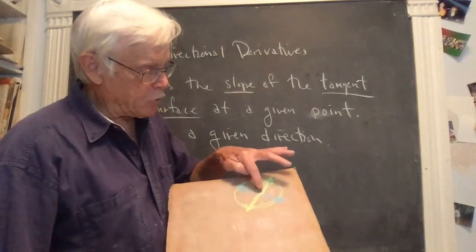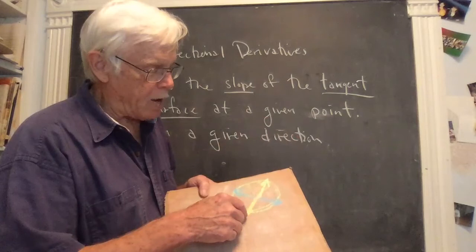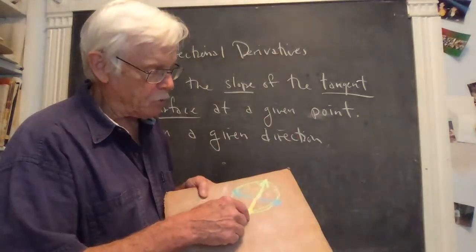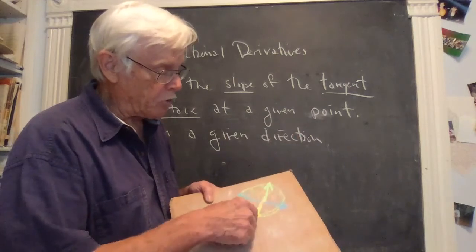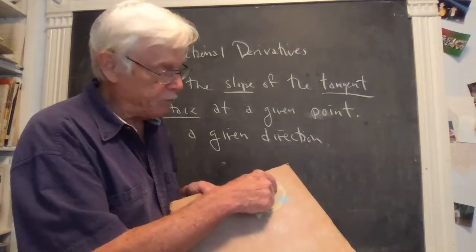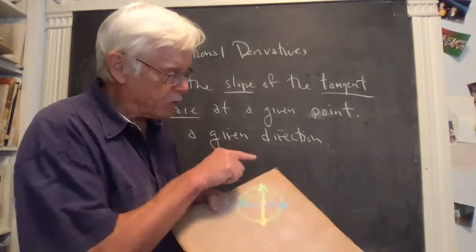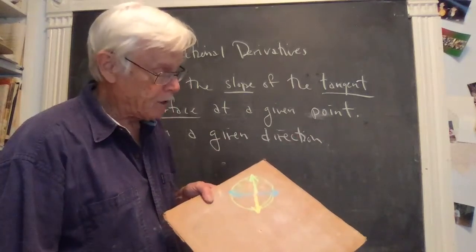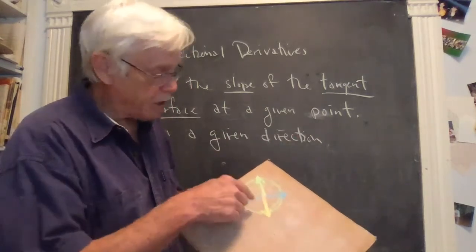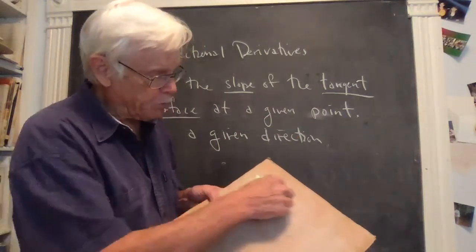there will be a direction where the slope is maximum, and exactly directly opposite is a direction where the slope is minimum. And the minimum is always exactly the negative of the maximum, because if rise over run is positive this way, rise over run will be negative the other way. And there will be a direction exactly halfway between where the slope is 0.